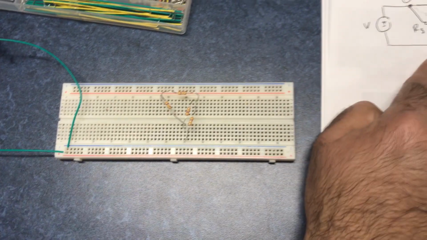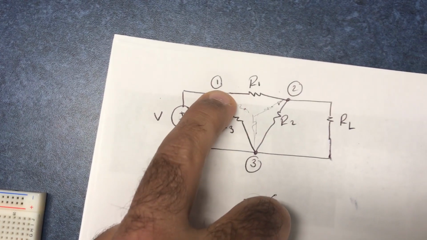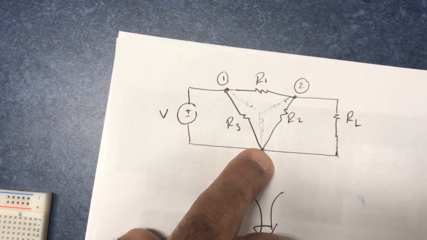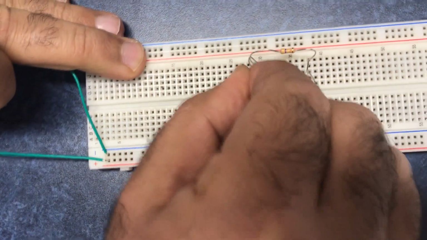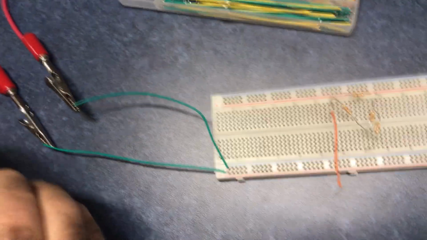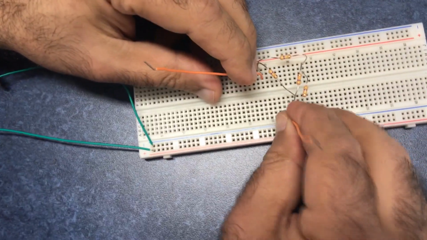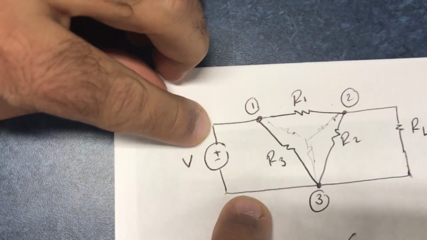Right now, I have this circuit. But what I forgot? I forgot to connect this to the source and to connect this point to the negative part. So I'm going to do that right now. I will connect this, and I will connect as well this. So these two are representing these two.